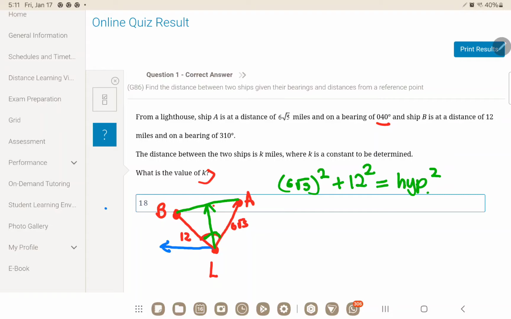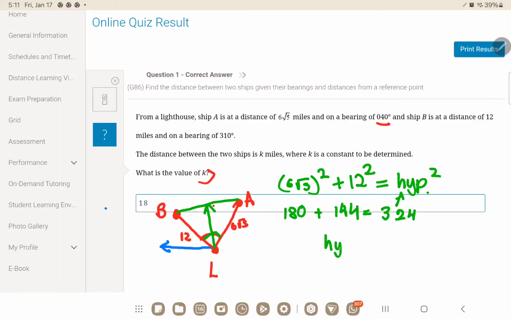Now I'm going to do it on my calculator. 6 radical 5, when you square it, you have to add the brackets around the 6 radical 5, by the way, or you're going to get wrong answers. So 6 radical 5 squared is 180, plus 144 would give you 324. 324 is hypotenuse squared.